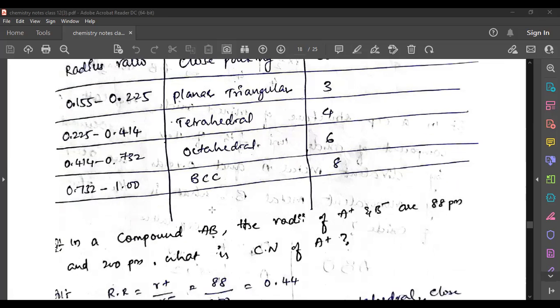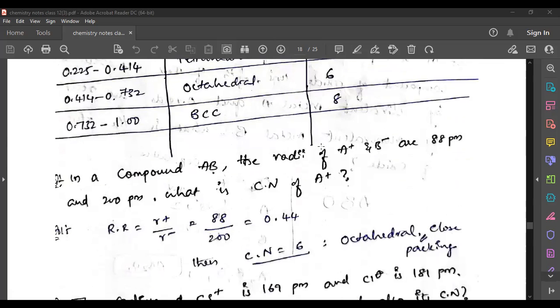In a compound AB, the radii of A plus and B minus are 88 picometers and 200 picometers. Then what is the coordination number of A plus? How will you find this? Just take the radius ratio: A plus is 88 by A minus is 200. So the radius ratio is 0.44. Now check the tabular column.